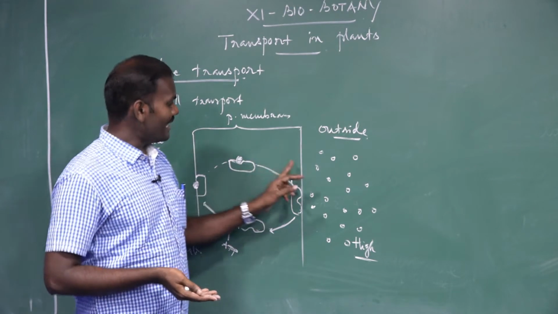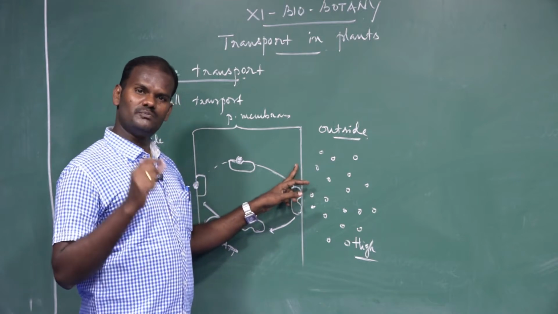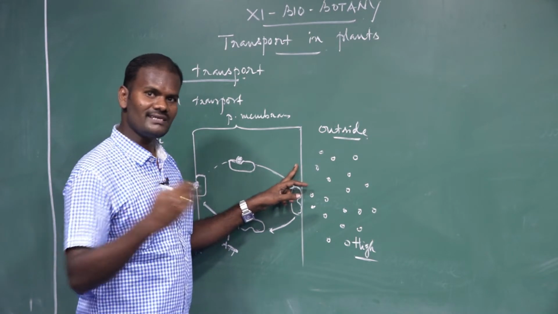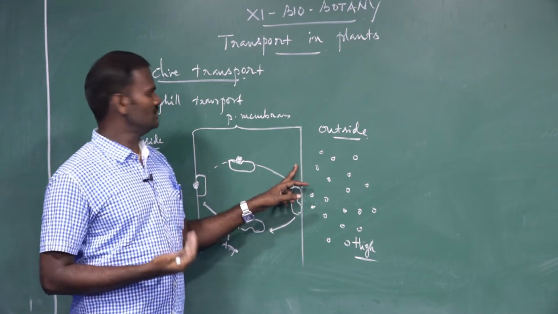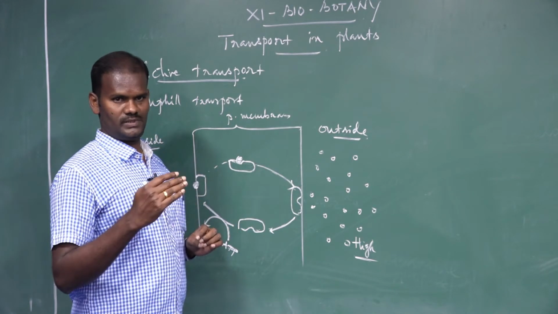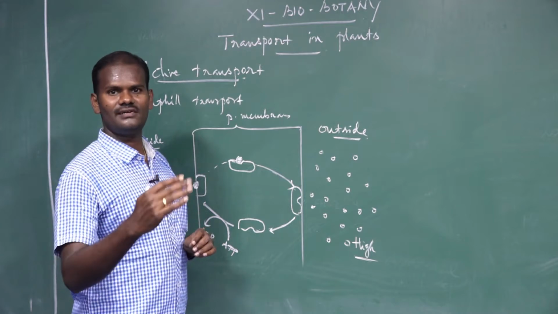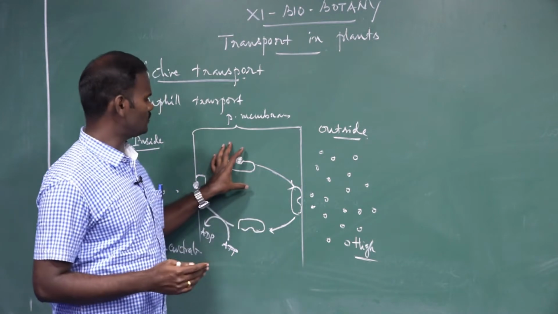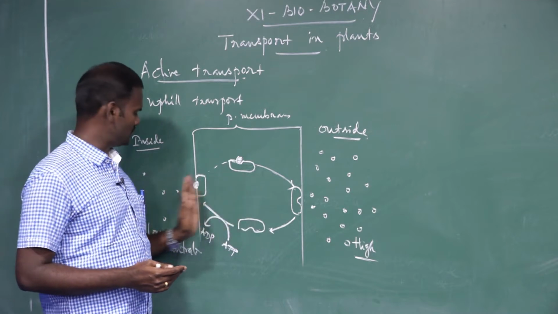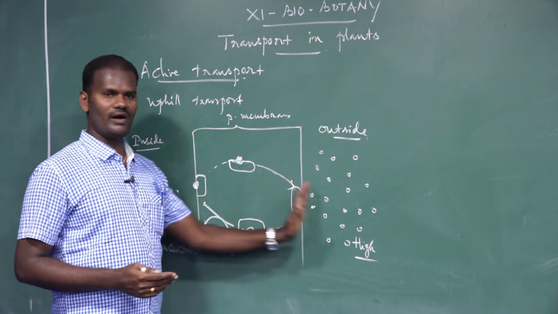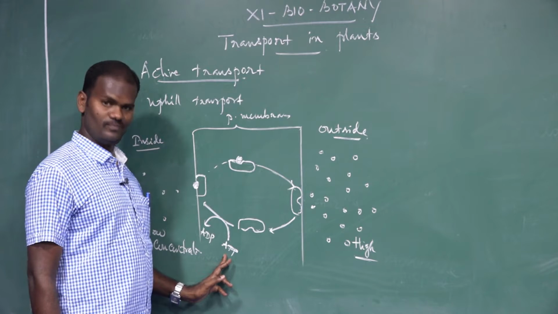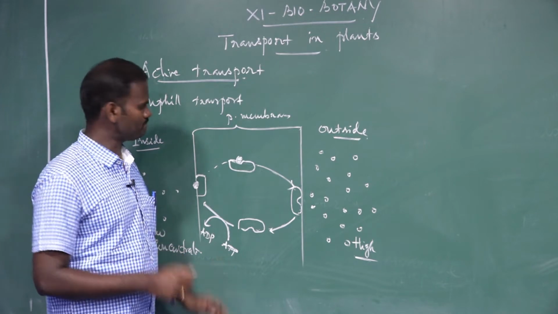That is why the selectively permeable membrane plays a great role in controlling the exit and entry of molecules. These are the disadvantages of diffusion, also called facilitated diffusion. But active transport is selective. It transports only selective molecules from low concentration to higher concentration with the help of ATP, which is supplied through the process of respiration.